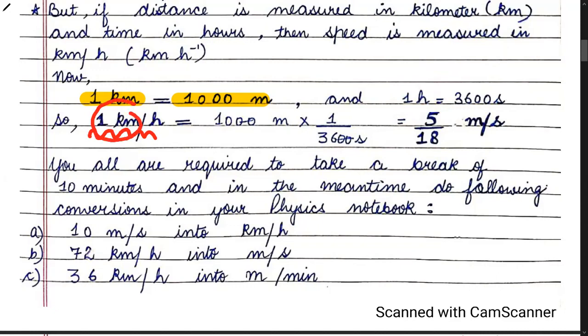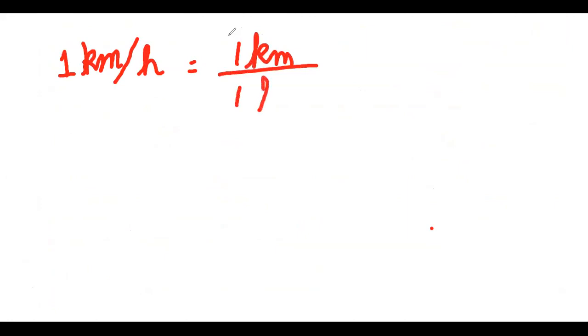And 1 kilometer per hour can be written as, let us learn how to do it, children. Now, if you are having 1 kilometer per hour, it means 1 kilometer divided by 1 hour. Write down 1 as it is.